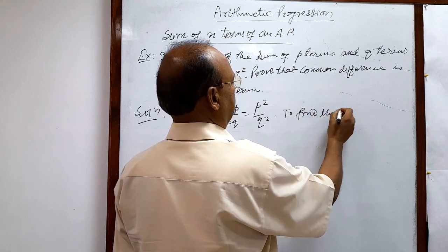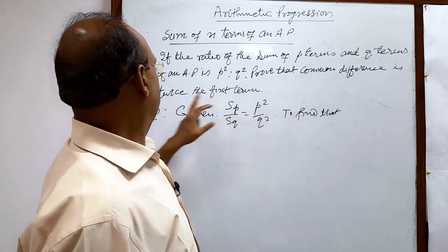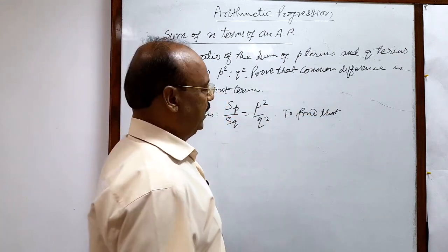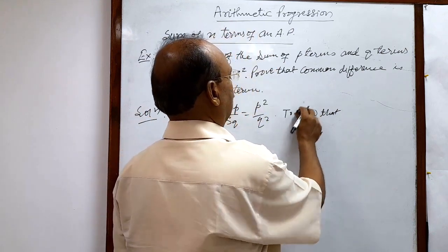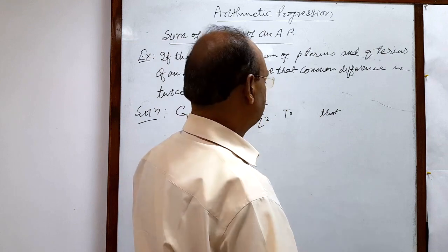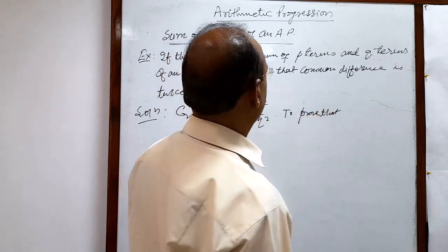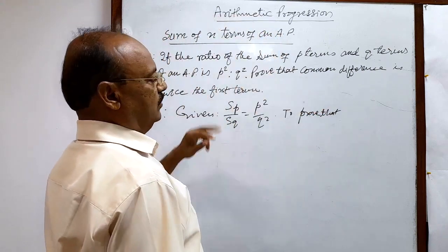To find, prove that the common difference is twice the first term. So don't write find here, let us write prove. So to prove that, the common difference is twice the first term.